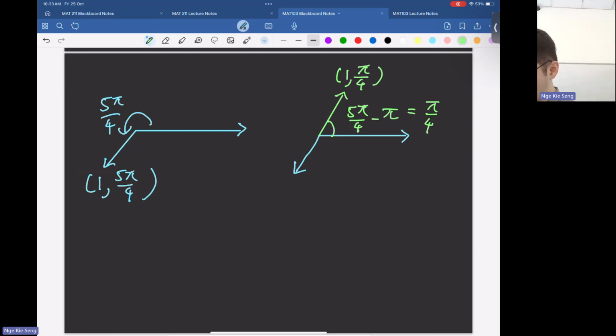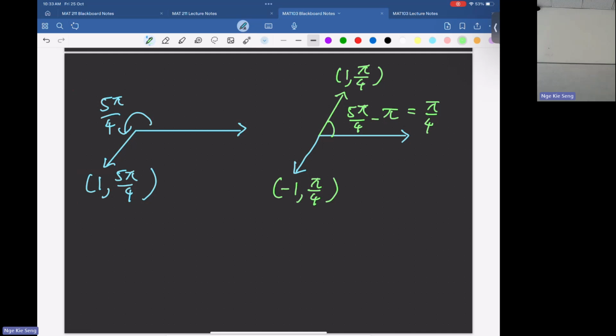So if you take negative, we will get negative 1 and pi over 4. Be careful when you compute, don't confuse. If you change the radius, then you might change your angle also. But if you compute from that point, you shouldn't change your angle because the radius already helped you to predict. So don't confuse that.